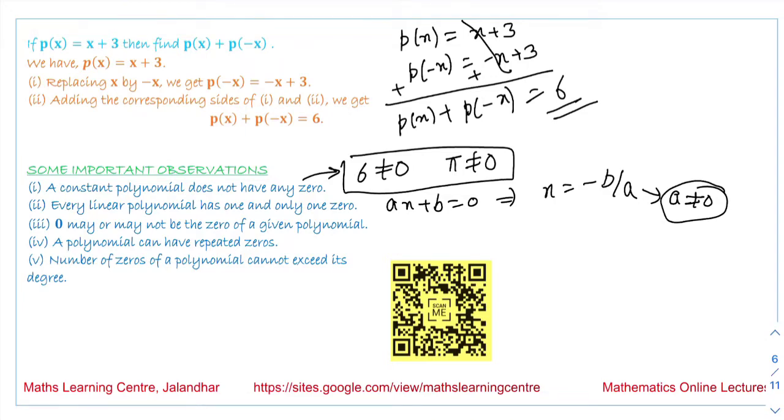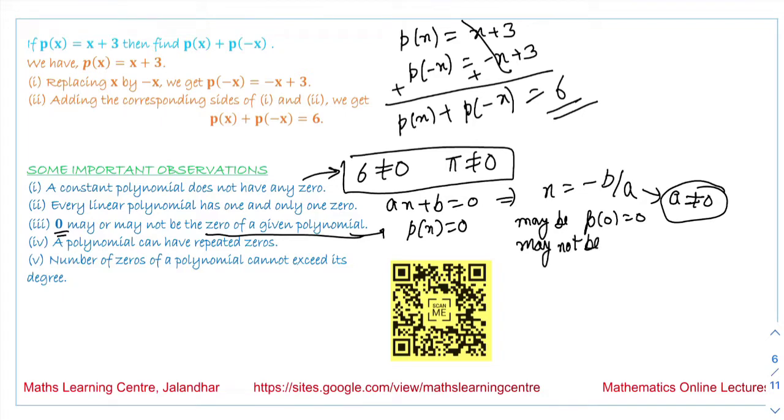A 0 of a polynomial means p(x) is equal to 0, and 0 may or may not be a zero of the polynomial, meaning that p(0) may or may not be 0. It is not necessary that p(0) is 0, that we have seen in our first example.